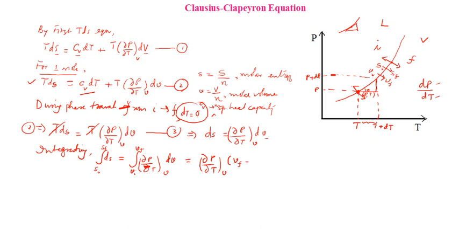On the left side it will be Sf minus Si. That's a direct equation, my equation number 4.